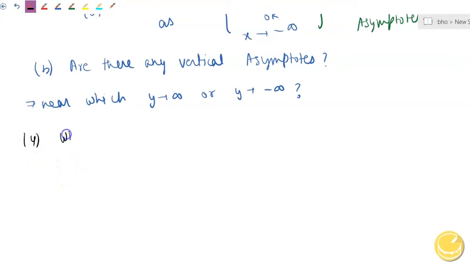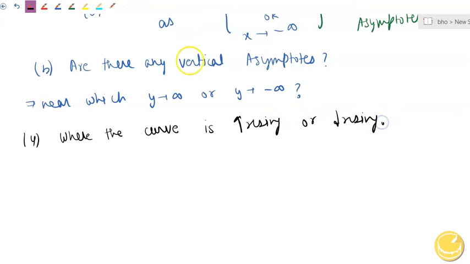we have to check where the curve is increasing or decreasing. What do I mean by increasing and decreasing? We just have to check where the first derivative of our function is greater than 0, which implies the curve is increasing, and wherever the first derivative is less than 0, the curve is decreasing.